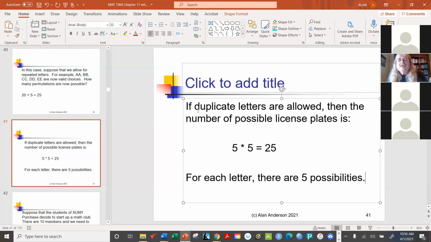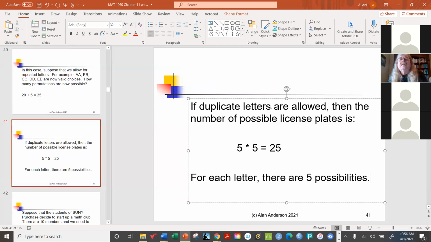So instead of using the formula we had a few minutes ago, all we would do is multiply the number of choices we have, which is 2 letters. For each we have 5 choices, so we'd multiply 5 by 5. So the number goes from 20 up to 25 now. But that's only if we allow for the possibility of duplicate selections. In some examples, that will be the case, and in others, it will not.